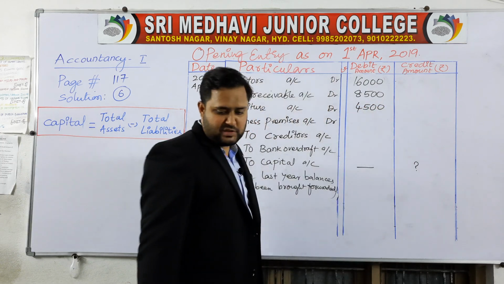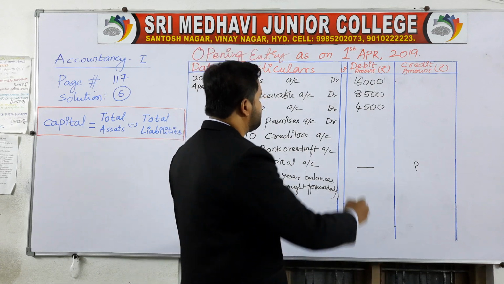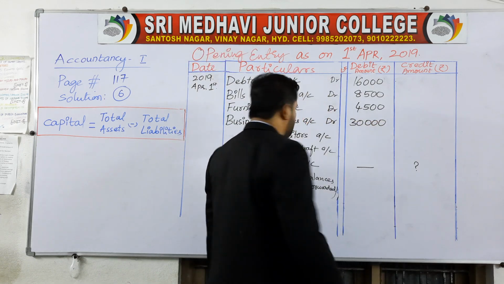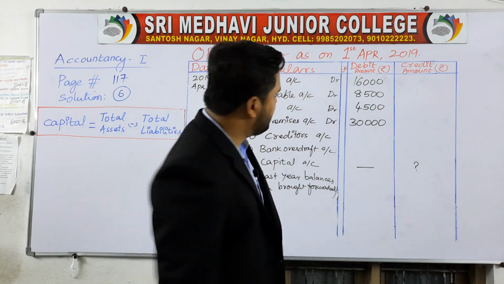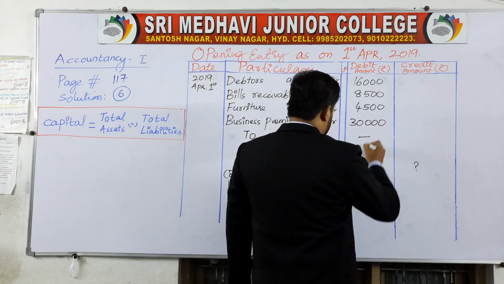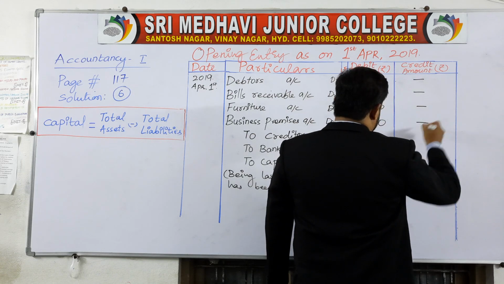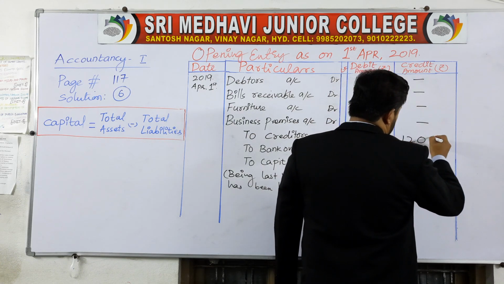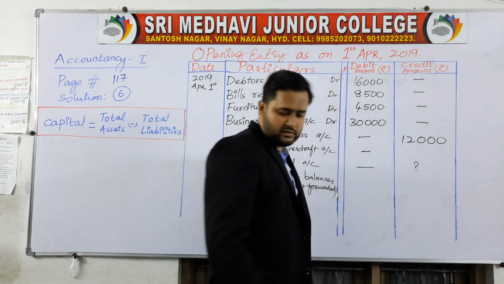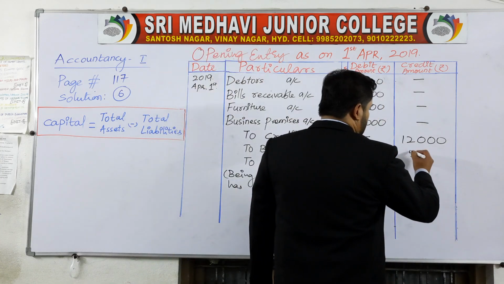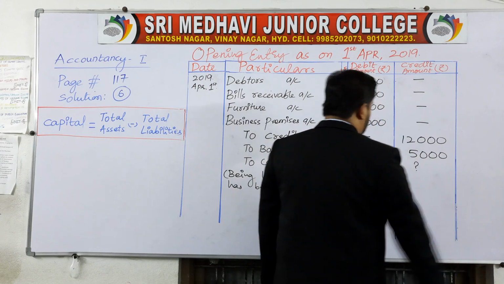What about business premises? 30,000. Creditors 12,000. Whereas bank overdraft is 5,000. We have to find the capital.